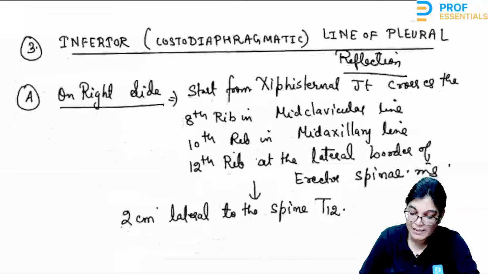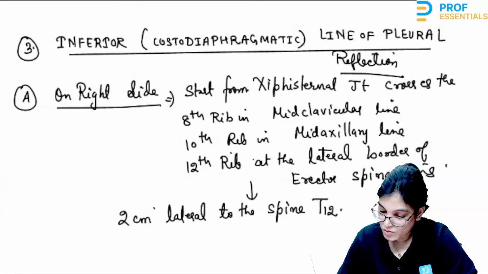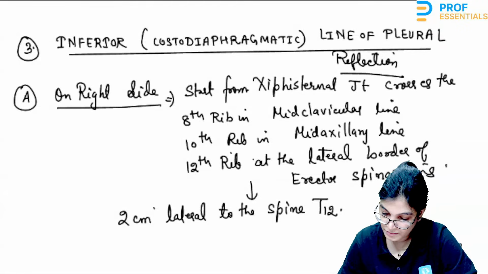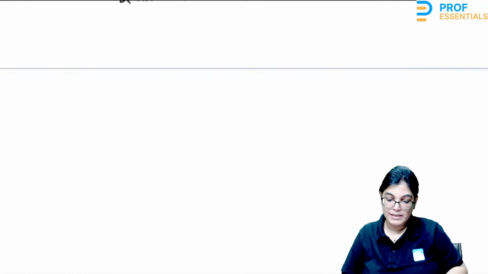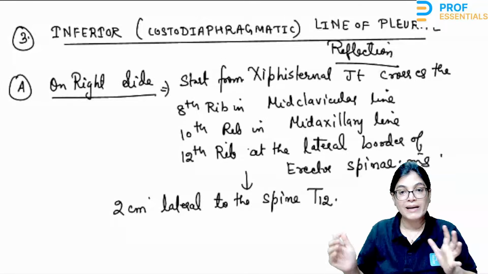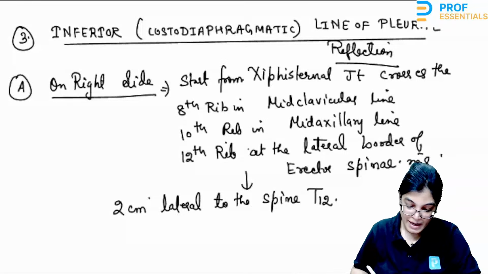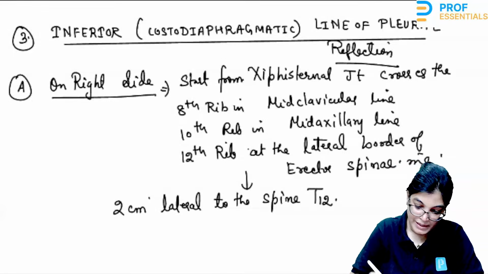And what will be the extent on the left side? So I would also like to use one more paper here so that we can know the entire extent. So we have done the inferior costodiaphragmatic line reflection on the right side, and I want you to know also about the left side.